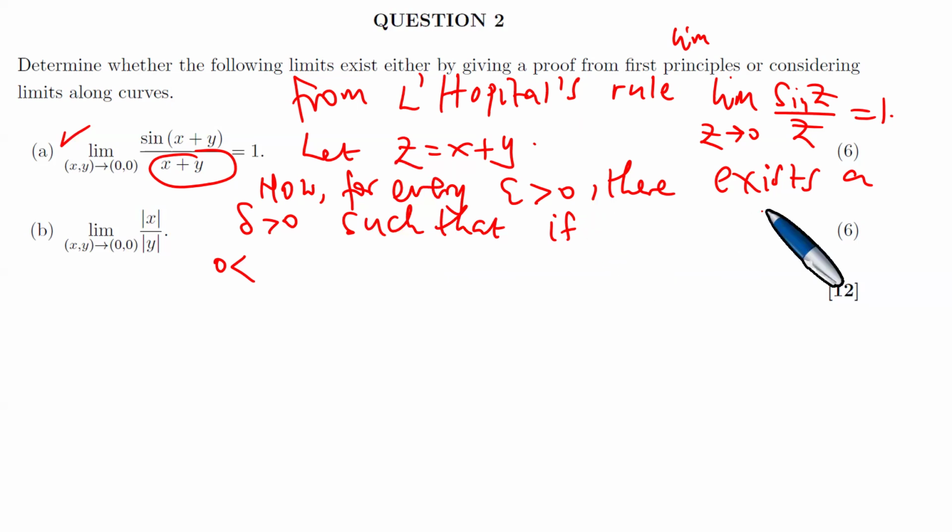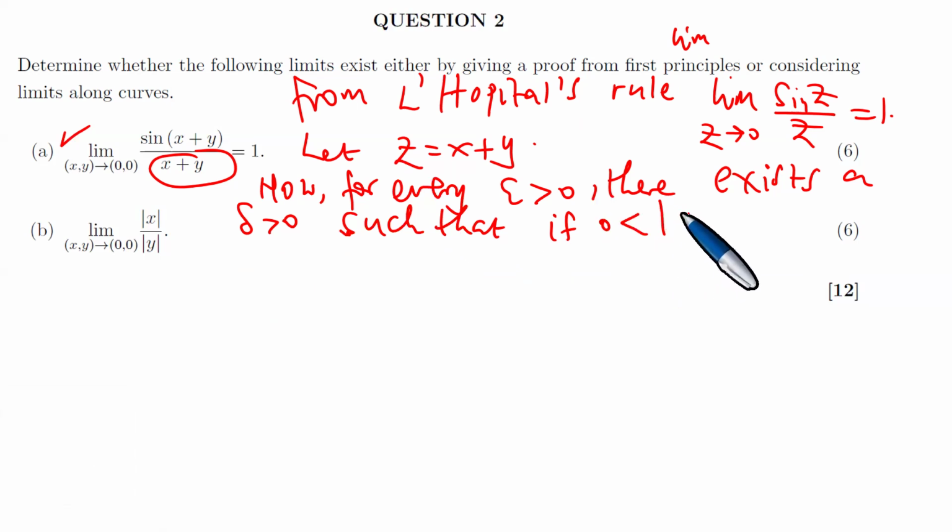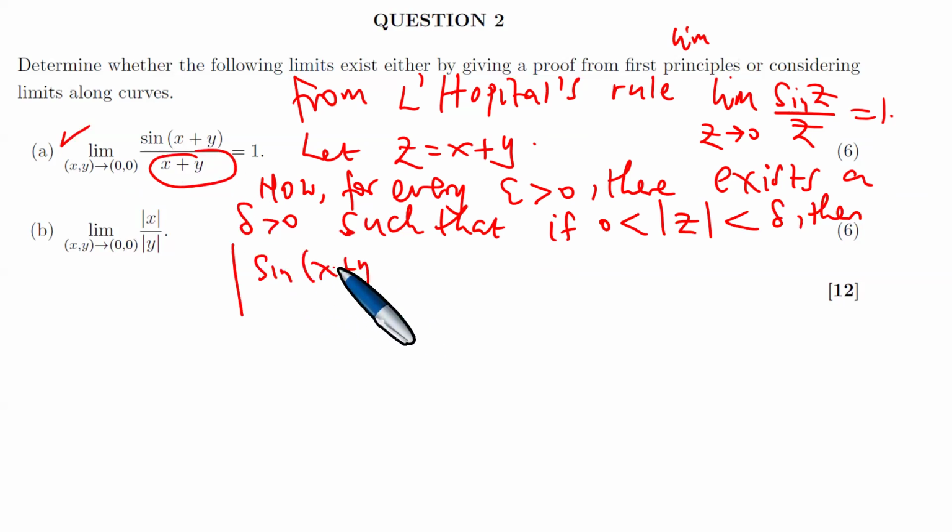Now, for every epsilon positive, there exists a delta positive such that if 0 is less than the modulus of z, less than delta, then we know that the modulus of the function, sine of (x plus iy) divided by (x plus iy), minus 1 is less than epsilon.